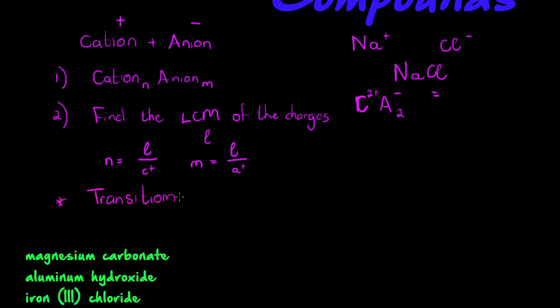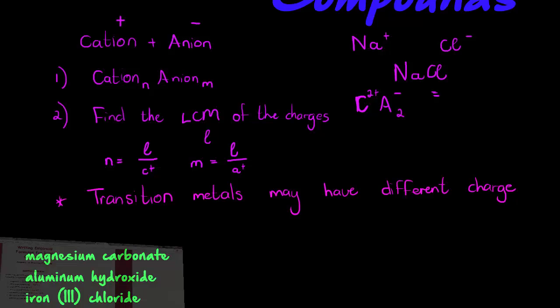Transition metals may have different charges at different times. For example, zinc may have a 2 positive charge, but it may also have a 1 positive charge or a 3 positive charge. So transition metals have different charges. They're always positive, but they might have a different charge.